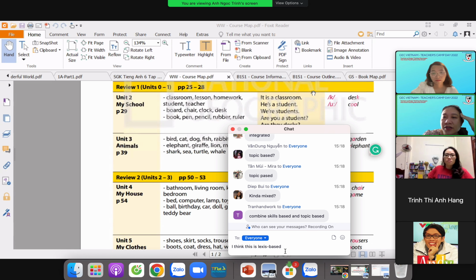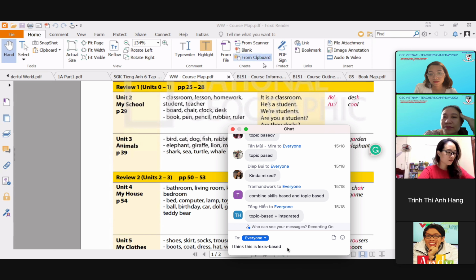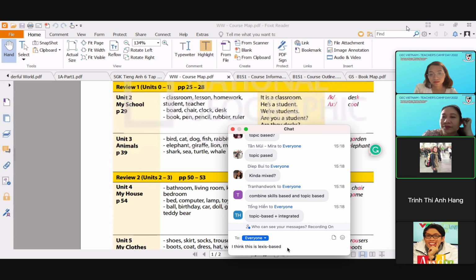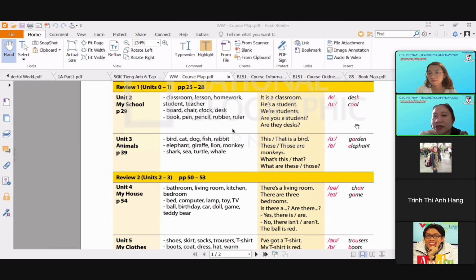Yeah, combine skills based and topic based. Yeah, that's good. Topic based and integrated. From the course outline, the very general course outline here, you can see the learning areas: the vocabulary, the structures, and the phonics or pronunciation.